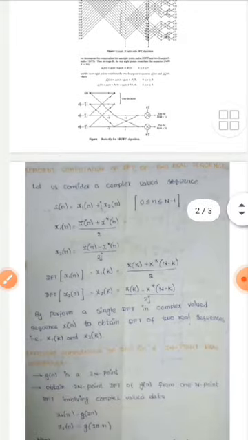And next concept is efficient computation of DFT of two real sequences and efficient computation of DFT of a 2n point real sequence. These are the applications of FFT algorithm.